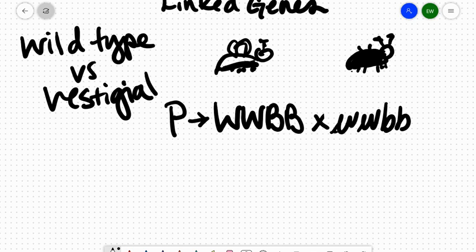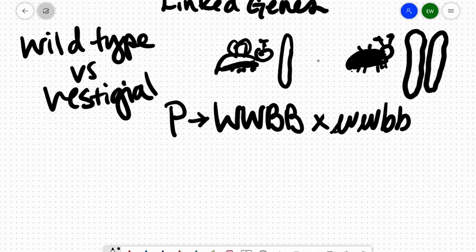This is important for linked genes, that you think about this, because what's going on is that you have a parent, and I'm going to draw some little chromosomes here. This parent has 2 chromosomes for number 2. Let's just say this is chromosome number 2 for our fruit flies. Remember, they only have like 3.